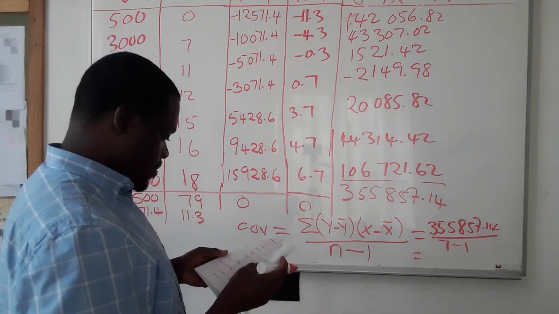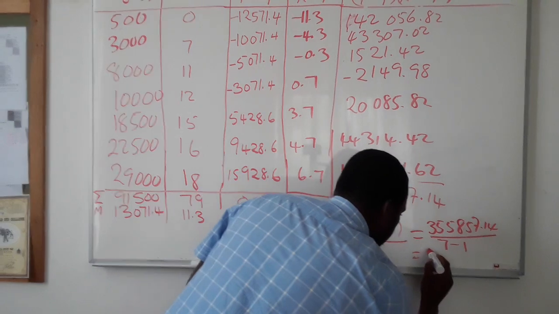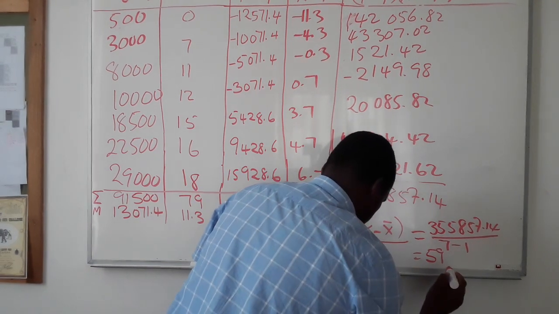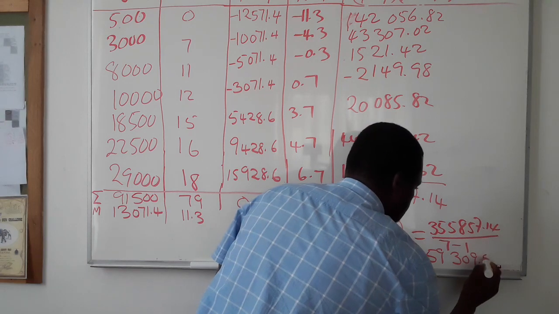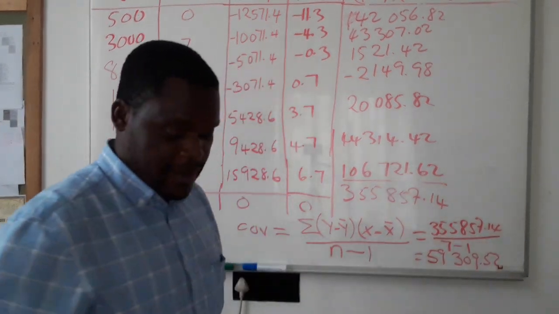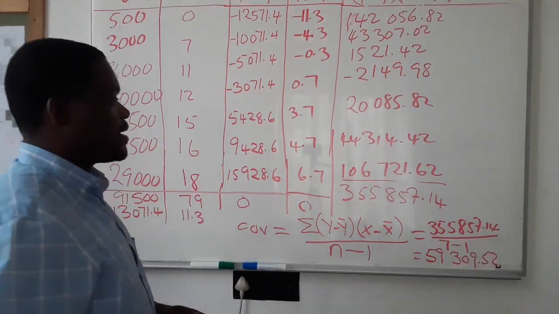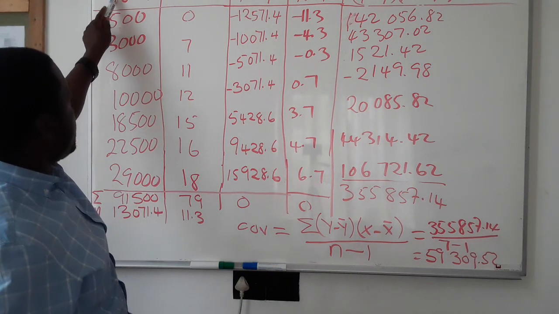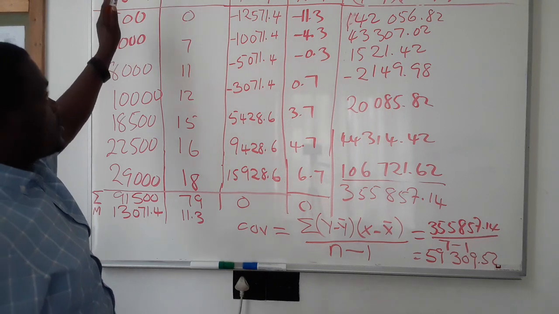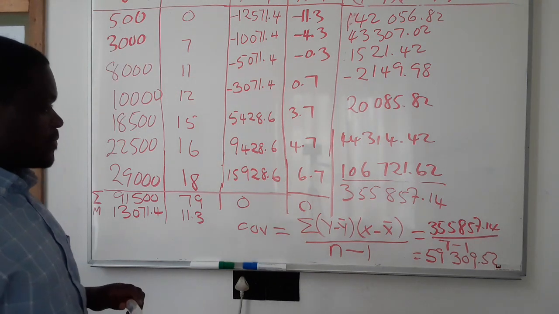Our answer will be 59,309.52. The number you see there is called the covariance of the wage rate and education.